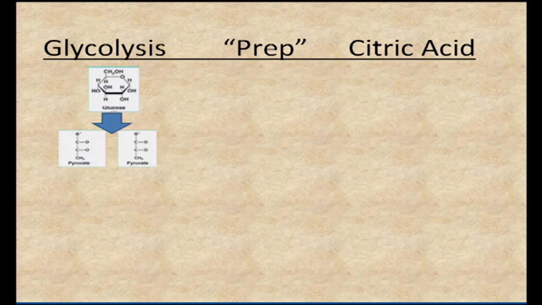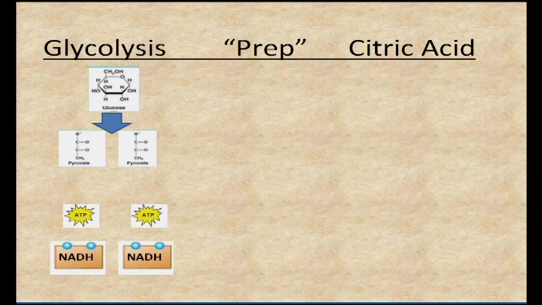Okay, a quick review of those 2 previous steps, glycolysis and the citric acid cycle. Recall that in glycolysis we started with glucose and broke it down into 2 pyruvates. When we did that, we got 2 ATP and 2 NADHs. From there, we took those pyruvates and did a prep step.